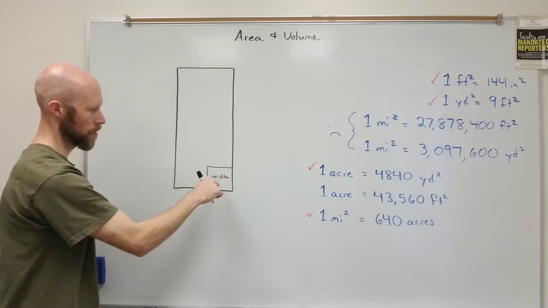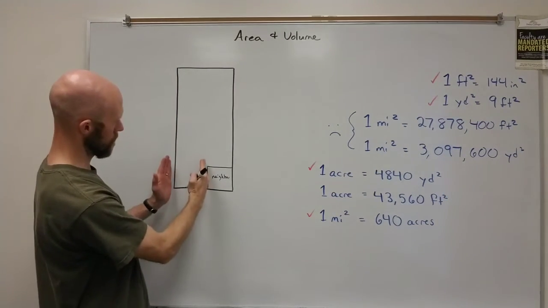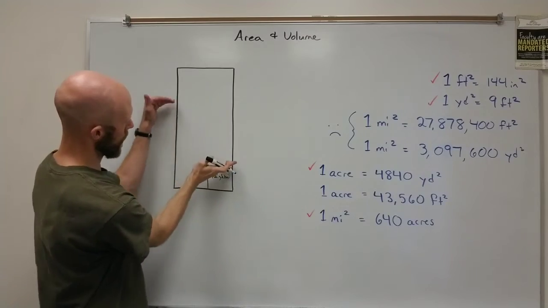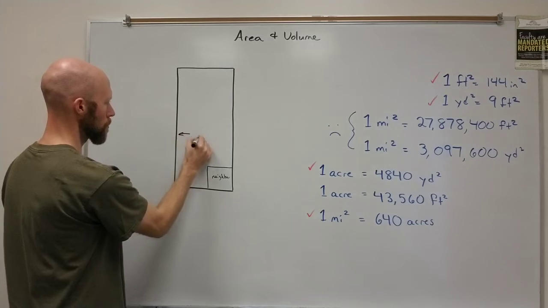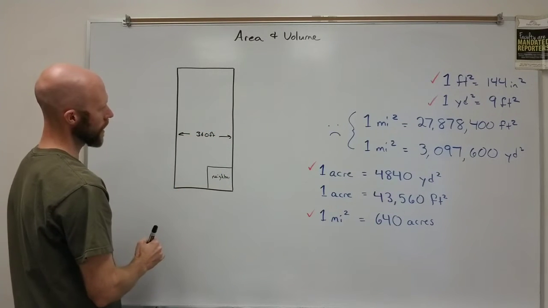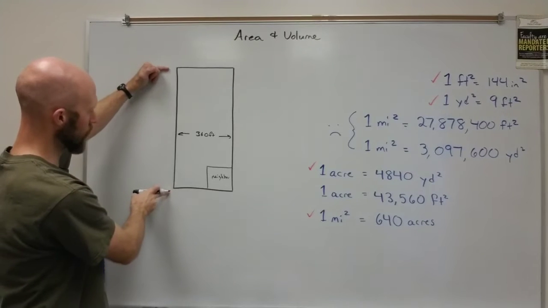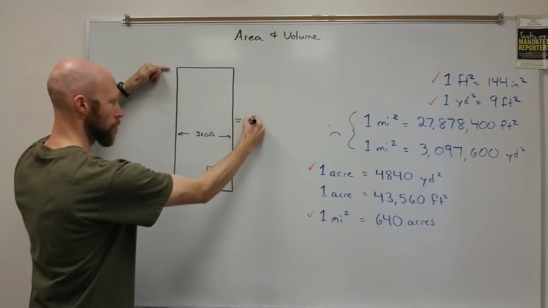The neighbor owns a little bit here. So my property has my house on it, and then kind of goes behind his and goes deep. In the deep part here, the wide part, this is 360 feet wide, and I don't remember the exact number of feet long, but it's approximately a quarter of a mile.